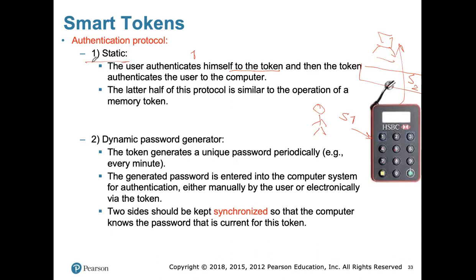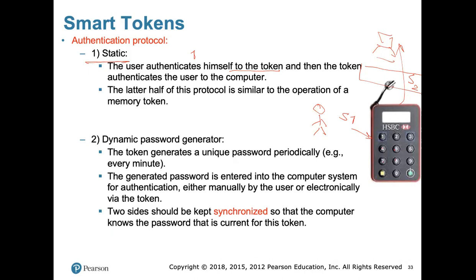So this is called the static authentication protocol between a smart token and an authentication server, which is easy and convenient, but of course it might have some security issues. That's why we also have dynamic.